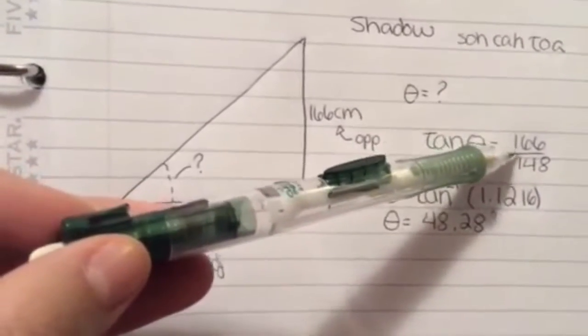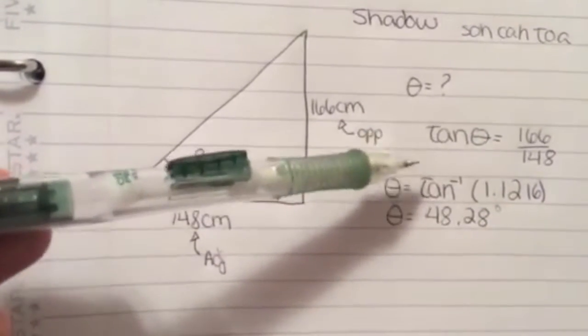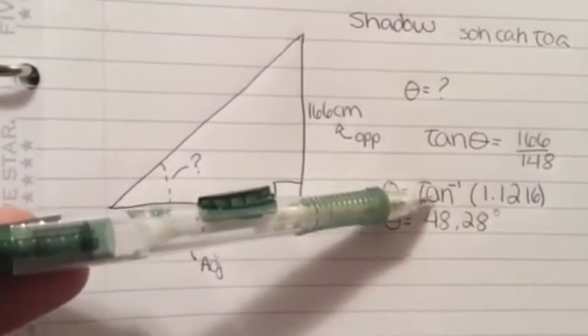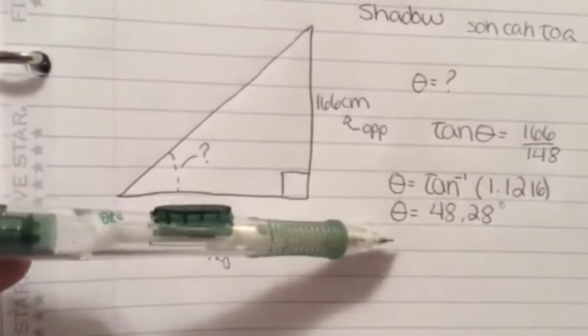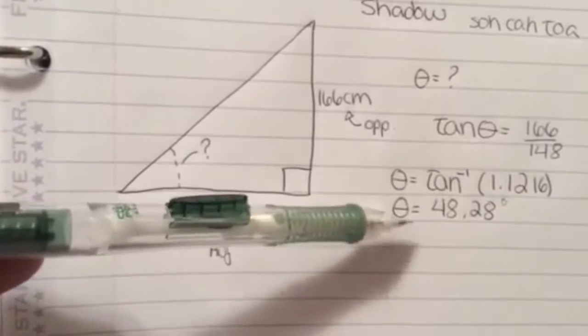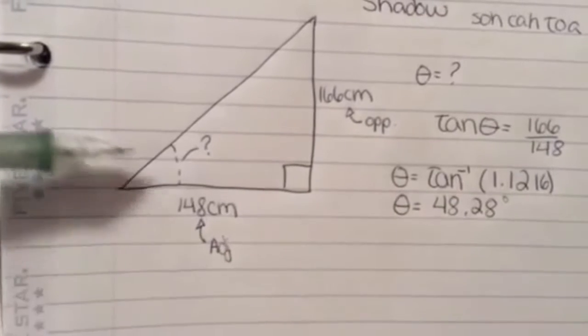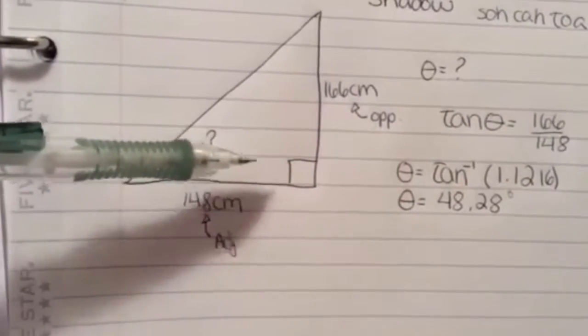It's opposite over adjacent, so it's 166 over 148. We let the angle alone, and we put this value on the calculator, and this will give you 48.28 degrees. So this is 48.28 degrees.